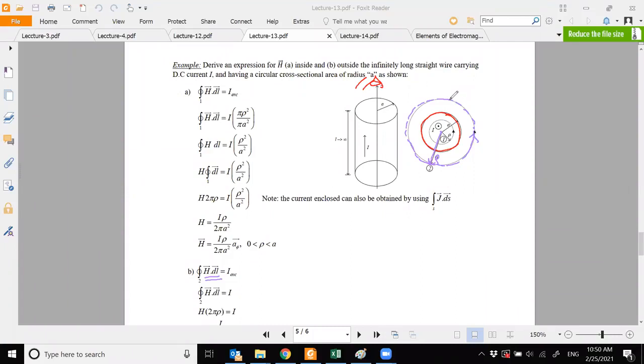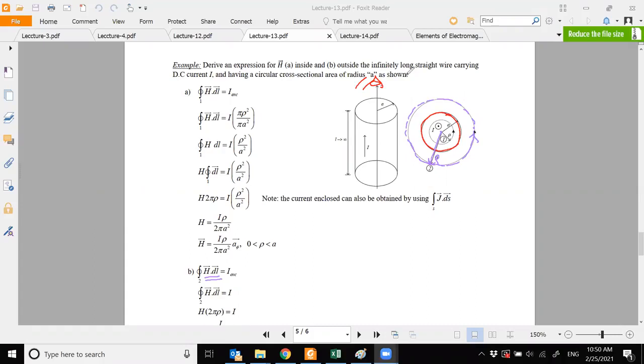Isn't the current enclosed parallel to the z-axis?